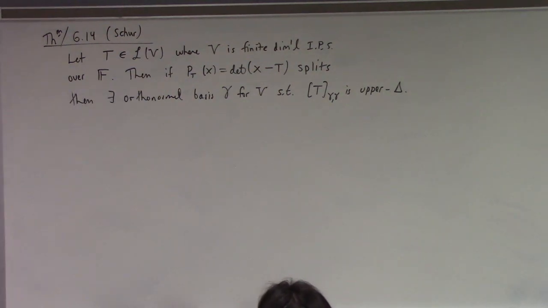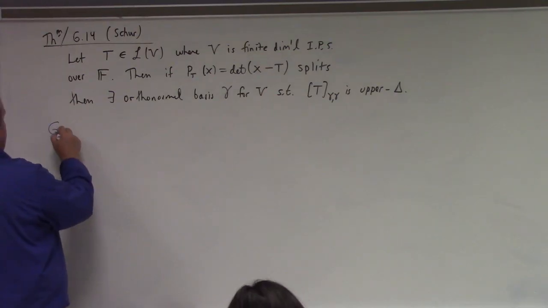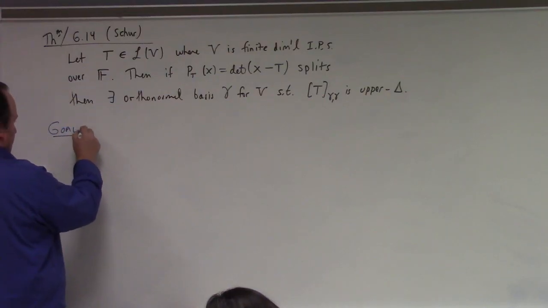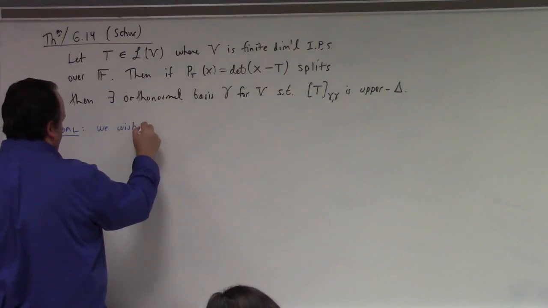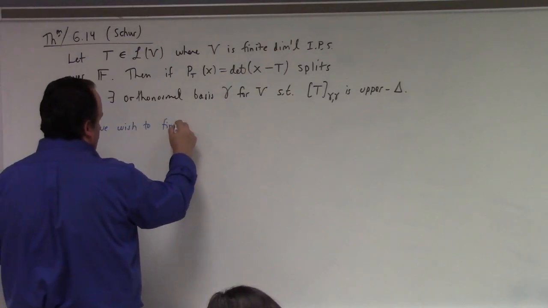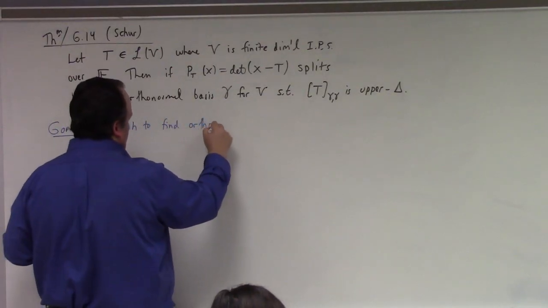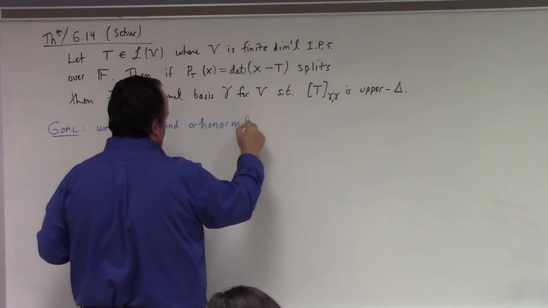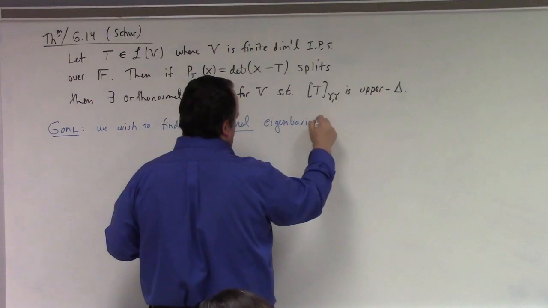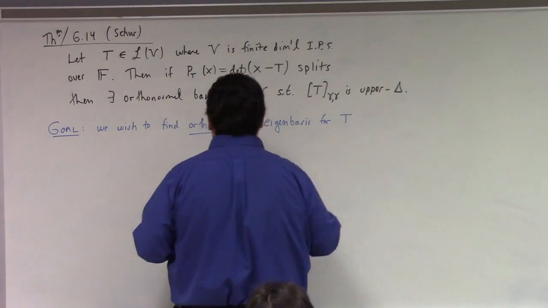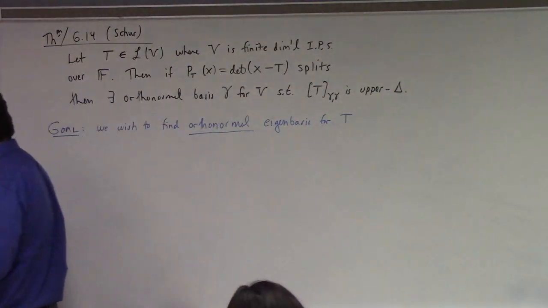All right, so now, what's our goal here? Ultimately, our goal is to find an orthonormal eigenbasis for T. That's really what we want. Our ultimate goal in this story arc of the course is to find an orthonormal eigenbasis for T. And what would that mean?